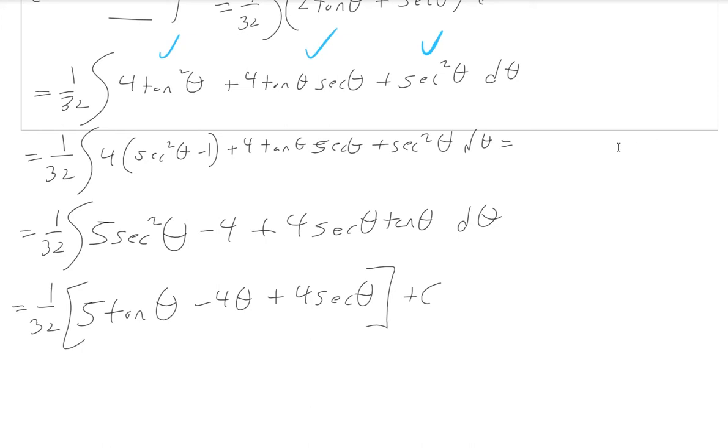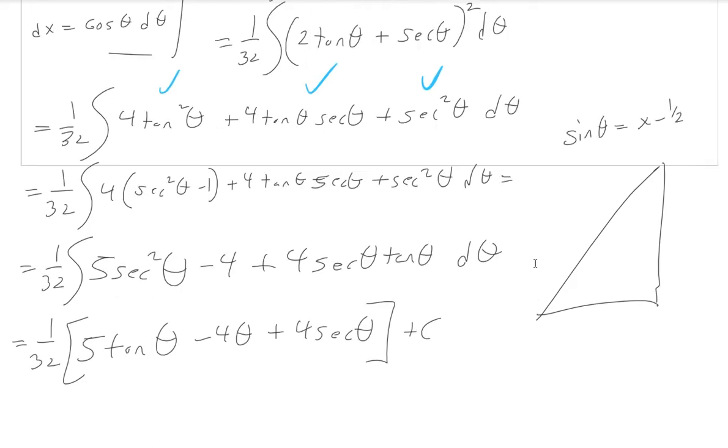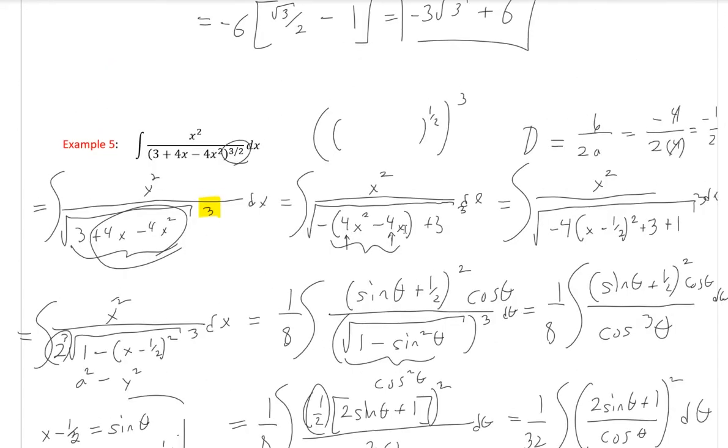Now this is going to take a little bit because we do need to consider the triangle that we had introduced. We said that originally, sine of theta was x minus 1/2, according to what we had originally up here.